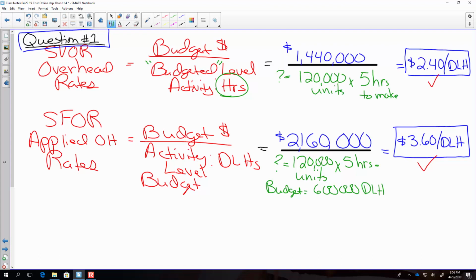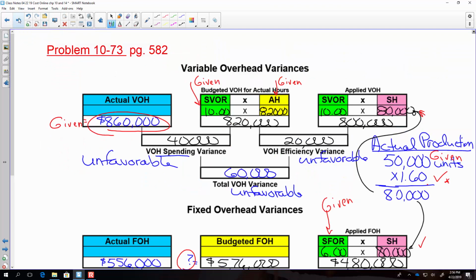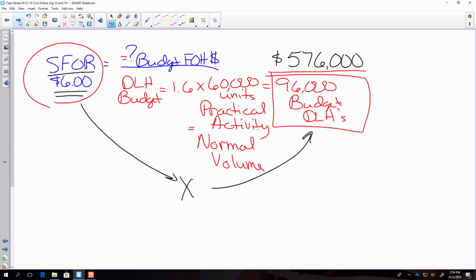We had to compute those using our budget numbers that were given. This problem here is similar to your 25-point problem. You're going to have to compute the SVOR and the SFOR rates, the predetermined rates. Unlike 73, they give them to you. So be aware that there will be changes that you'll see throughout the chapter questions.